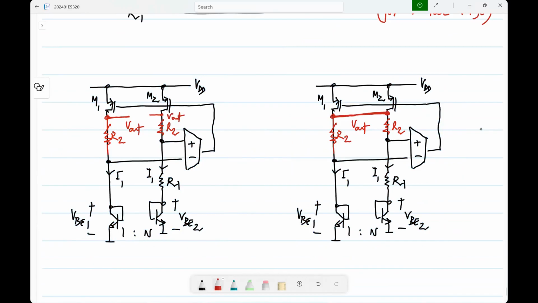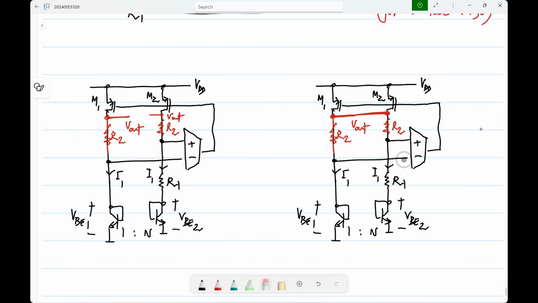Now, why do this? What this does is, of course, we made the VDSs of M1 and M2 equal, but still any mismatch between M1 and M2 will cause different currents to flow through this. That is a source of error. So that won't happen here if the op amp is ideal. Then the currents will be governed only by R2.